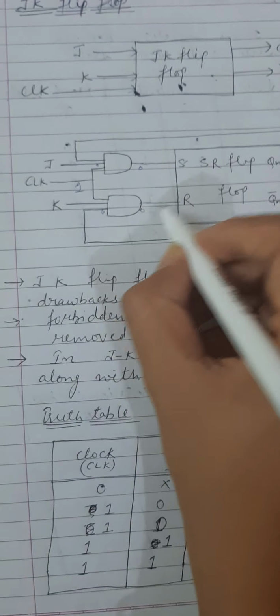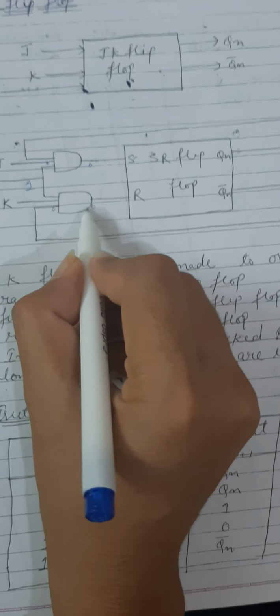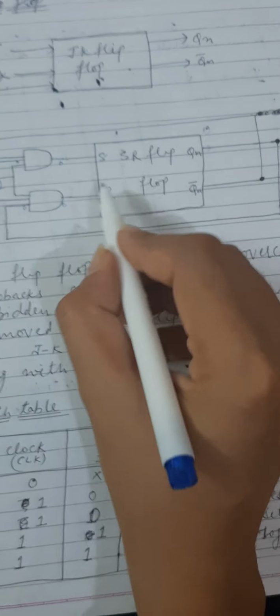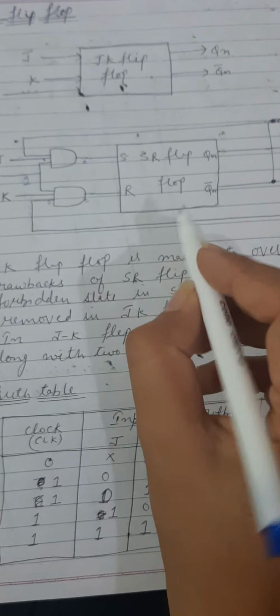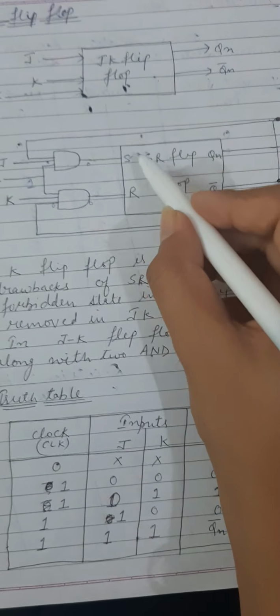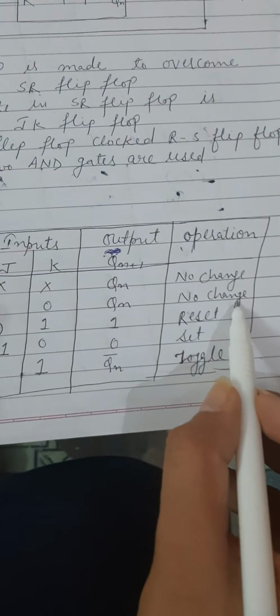That means S input is going 0, and R is going 0, and then it will work according to SR flip-flop. And in SR flip-flop, when the inputs S and R are equal to 0 0, the output is the previous state. So we can write Qn here, and the operation performed is no change.